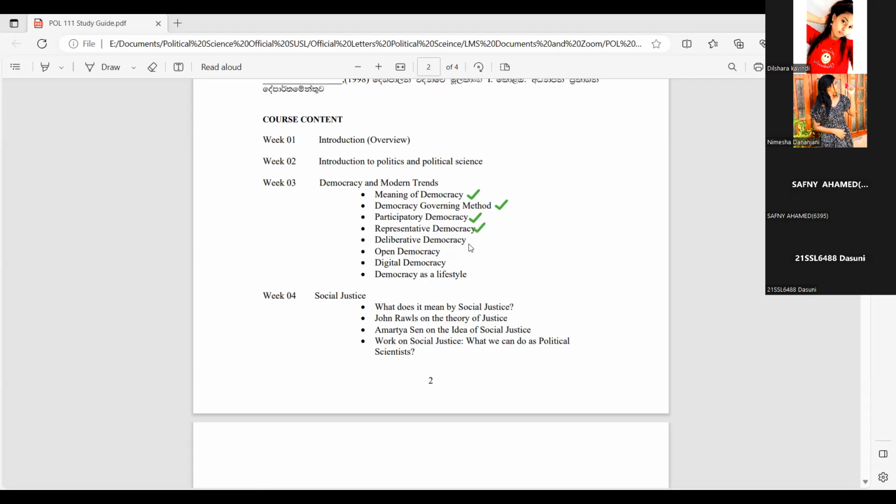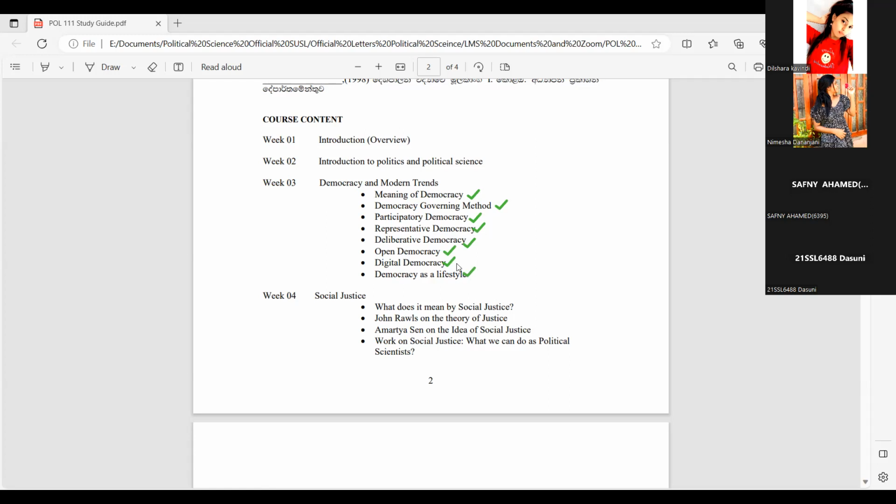Representative democracy. I'm very sure this is a new concept for you. Deliberative democracy, right? It's the new version of democracy. Other thing is the very newest one, open democracy, and also digital democracy. And the other one is democracy as a lifestyle.